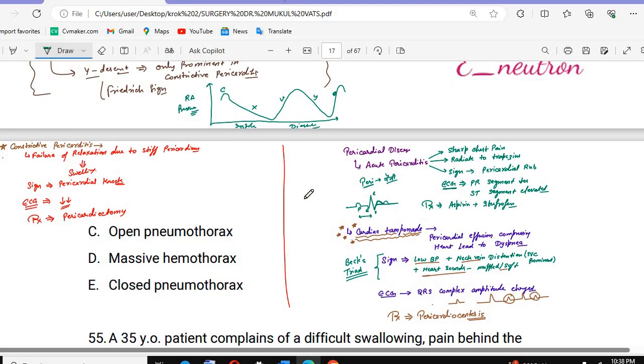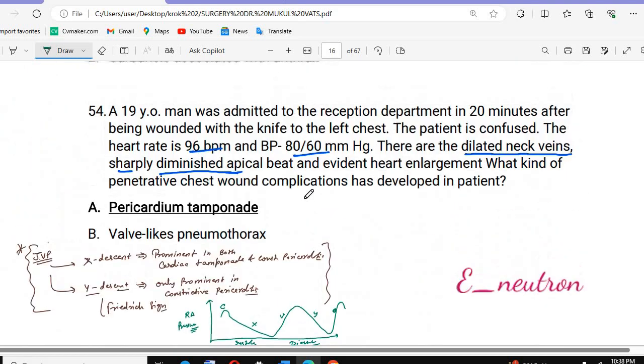Now again an important topic, that is acute pericarditis, and after acute pericarditis we will be having cardiac tamponade. Okay, that you need to remember. As the question is saying, we can see the heart rate is 96 and the blood pressure is 80/40. There are dilated neck veins and a sharply diminished apical beat. So we can see that there is hypotension, and along with that we see the dilated neck veins, so that is again the second one.